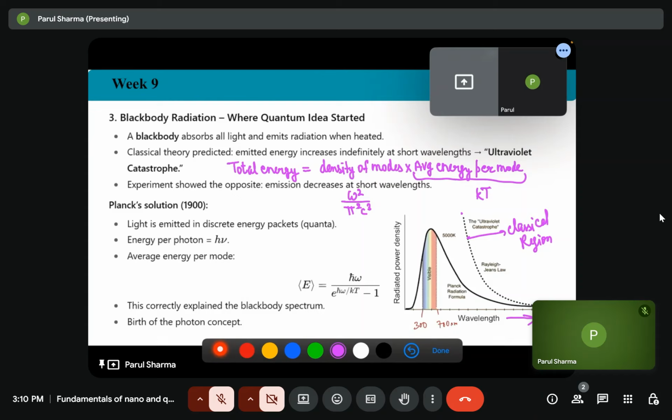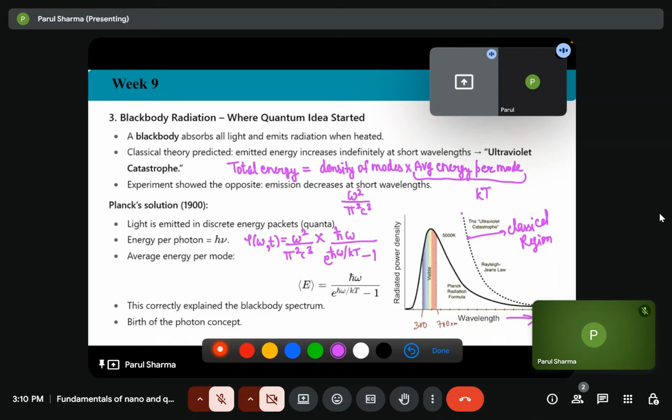So it was given by rho omega T equals omega square by pi square c cube times h cross omega upon exponential h cross omega by kT minus 1.